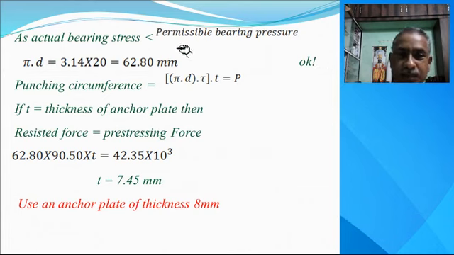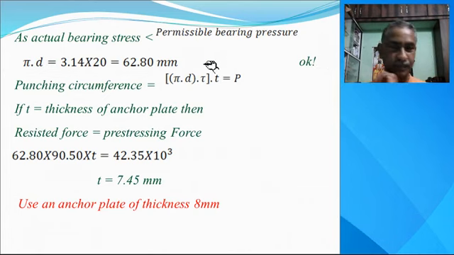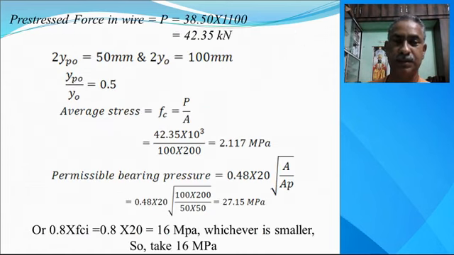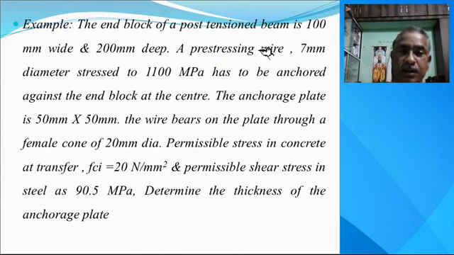Now the actual bearing pressure, pi multiplied by D, as in the previous lecture. f_ci is 20 and here the permissible shear stress in the steel is 90.5 MPa.